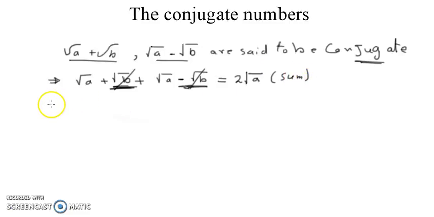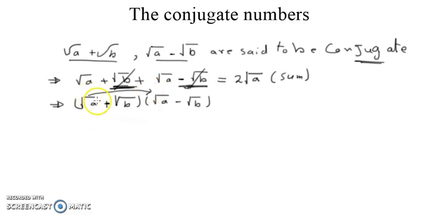And then if we want to find the product of square root of a plus square root of b and square root of a minus square root of b, we distribute. Square root of a times square root of a equals square root of a squared.